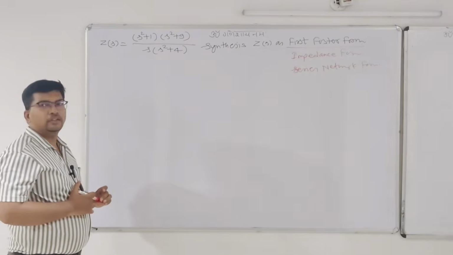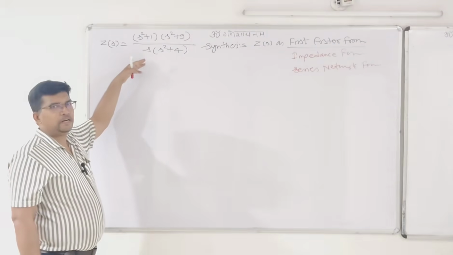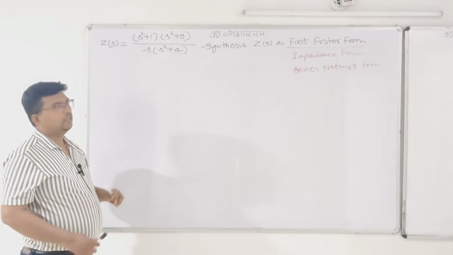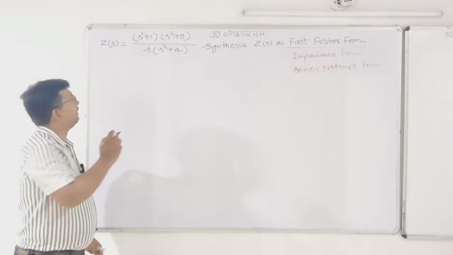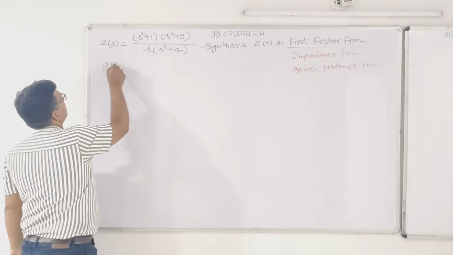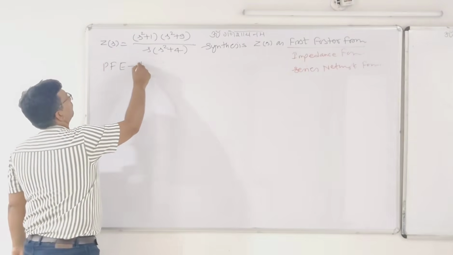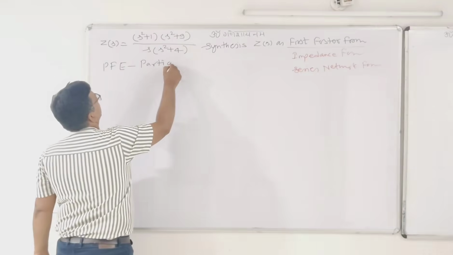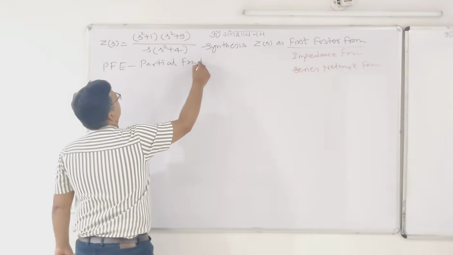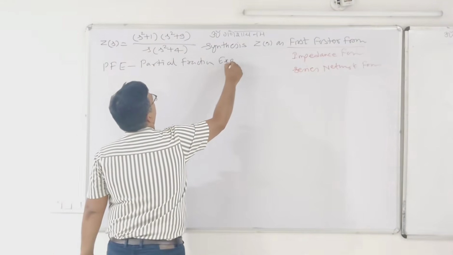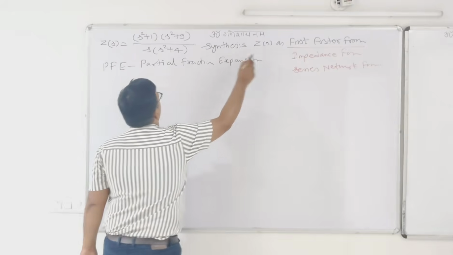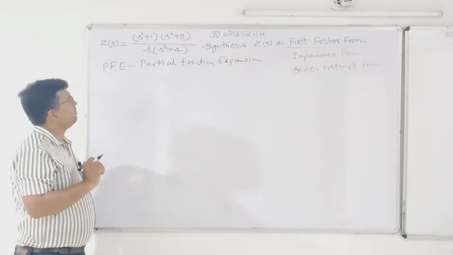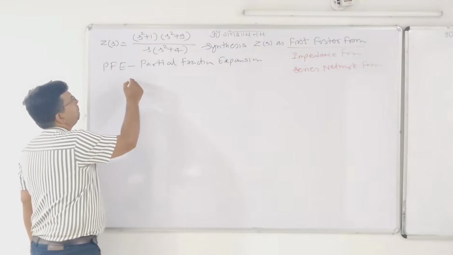Now, we already know that the Foster networks are based on the partial fraction expansion method. Before applying the partial fraction expansion method, PFE, we have to know the necessary conditions for it.